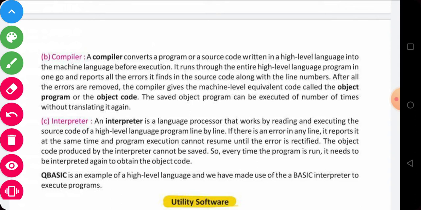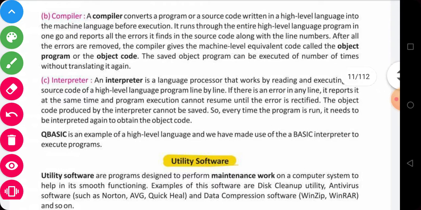Okay, the third one is the interpreter. An interpreter is a language processor that works by reading and executing the source code of a high level language program line by line. After we convert the programming language from high level language to object program, then we use the interpreter, which converts the source code of the program into machine language by executing and reading the source code line by line.